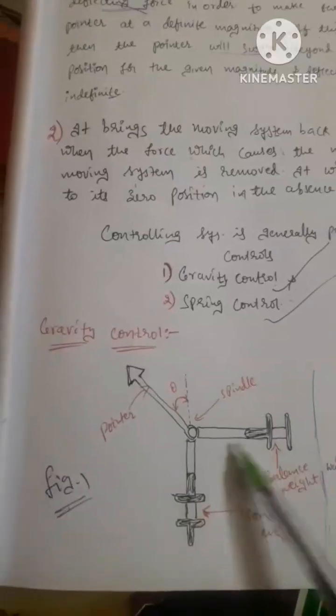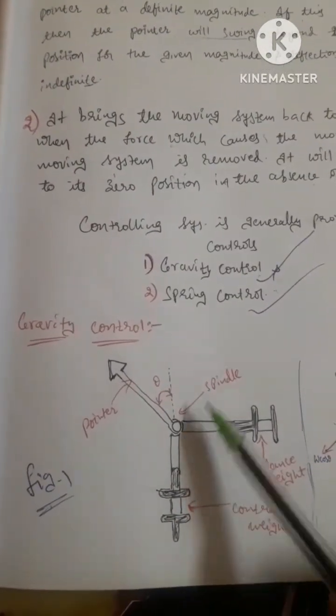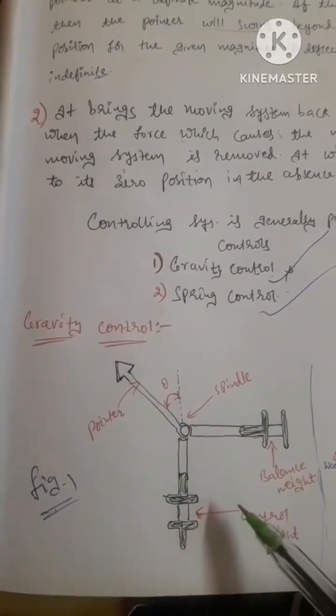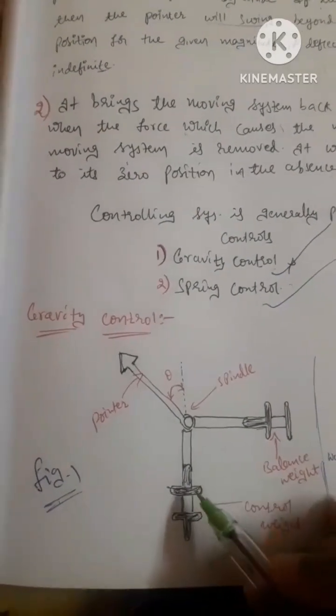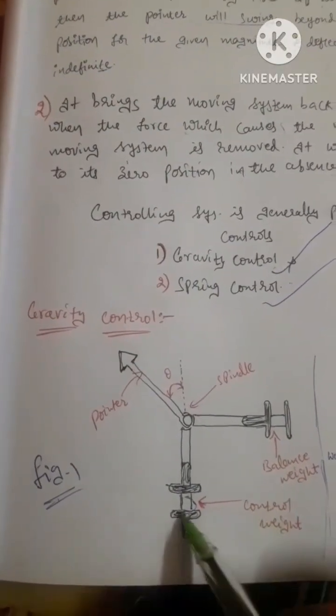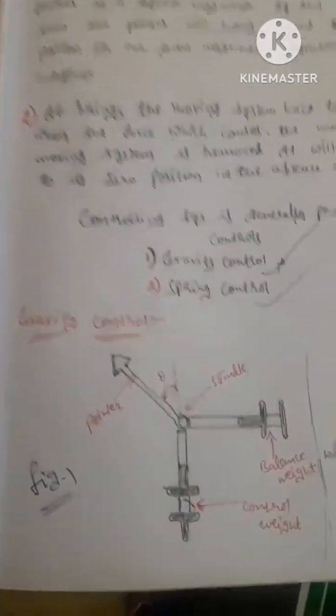This is the gravity control figure. It consists of a small weight attached to the moving system. This is the control weight, and in between is the balance weight.